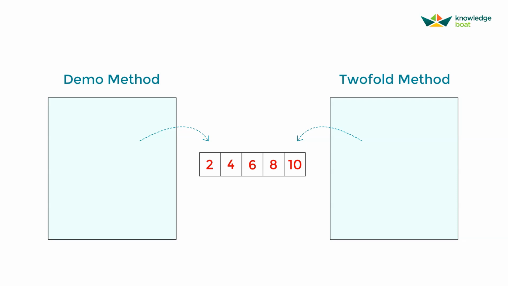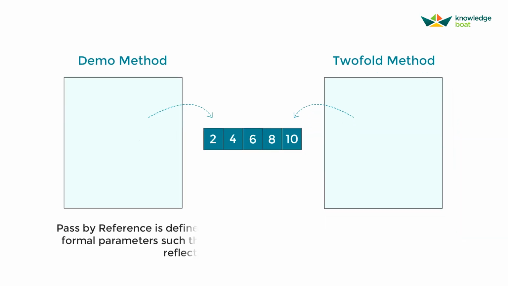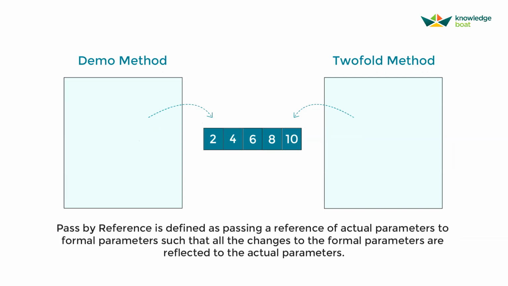The reason being, this time both demo and twofold method are using the same box. So whatever changes twofold method makes to the box are visible in demo method as well. This is called pass by reference or call by reference. We can define it as passing a reference of actual parameters to formal parameters such that all the changes to the formal parameters are reflected to the actual parameters.